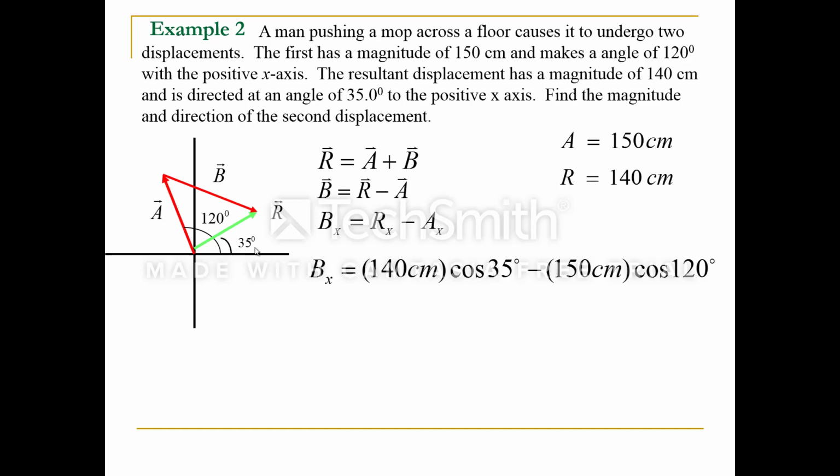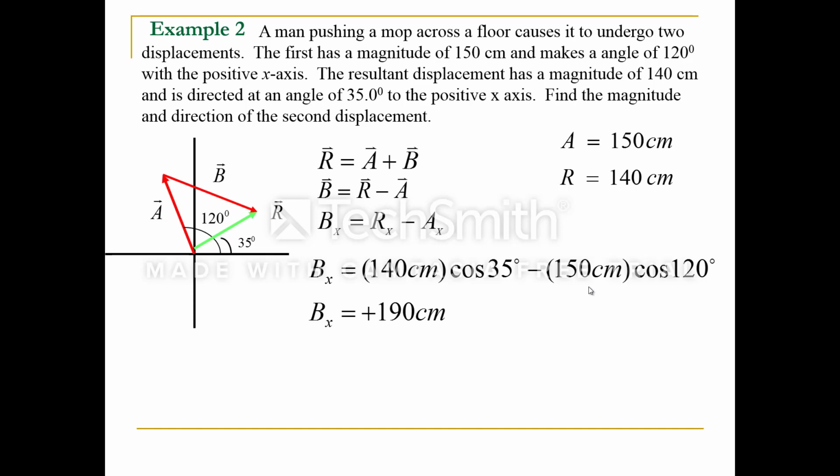They're telling me the true angles for all of these, so it's already set up in terms of x's and y's. And then I'm going to subtract A's component, which would be its magnitude 150, and its angle 120. Which gives me a positive 190 centimeters.